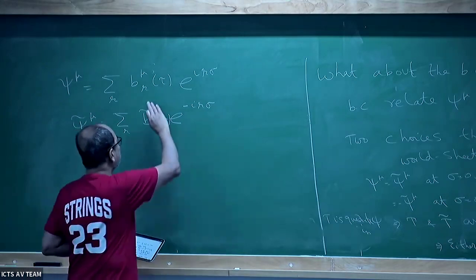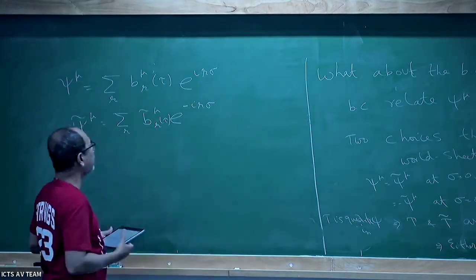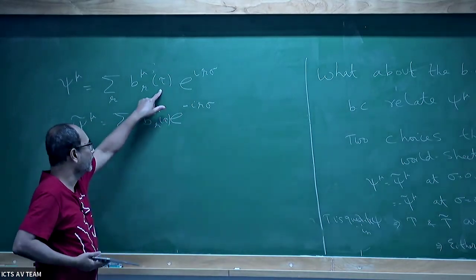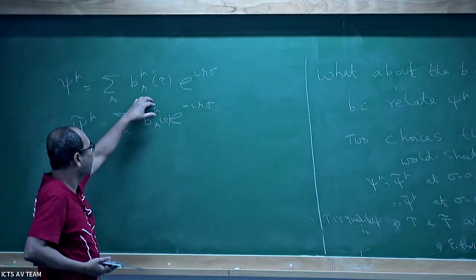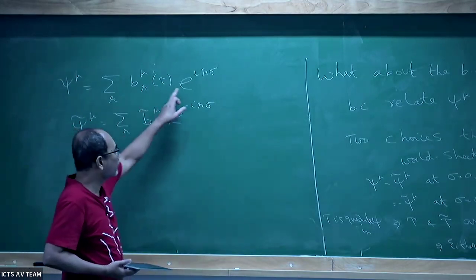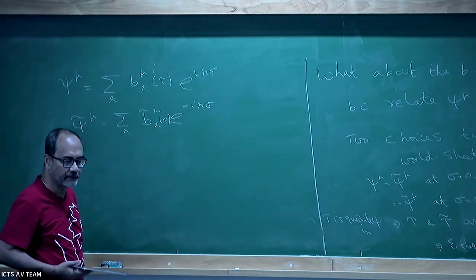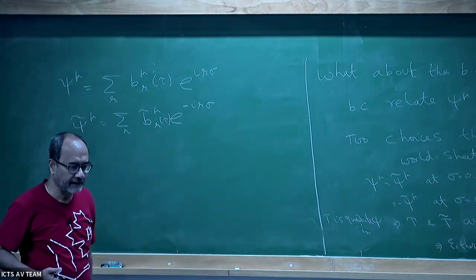We know that this r has been chosen in such a way that both b mu r and b tilde mu r evolve in tau as e to the minus i r tau, so that this becomes a function of tau minus sigma, and this becomes a function of tau plus sigma. That's the way we had chosen to define our left and right moving modes.